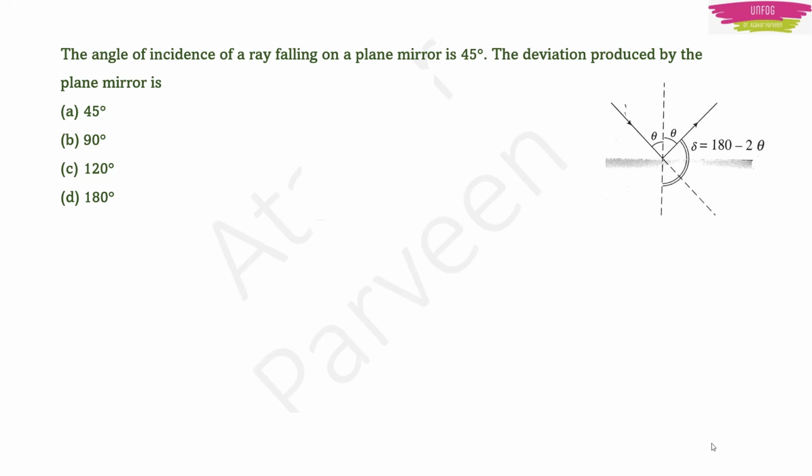We know that the angle of deviation produced by the plane mirror is delta, which is equal to 180 minus 2 theta. We can substitute the values here. Put theta equal to 45 degree. Then angle of deviation delta will be equal to 180 minus 2 into 45. 2 into 45 is 90. So the angle of deviation will be equal to 90 degree.